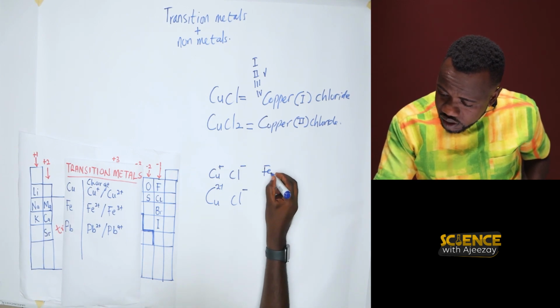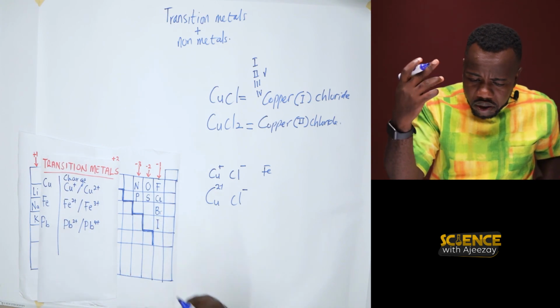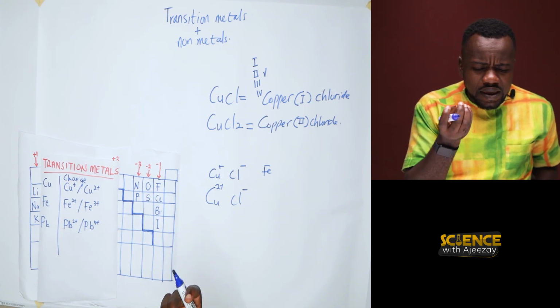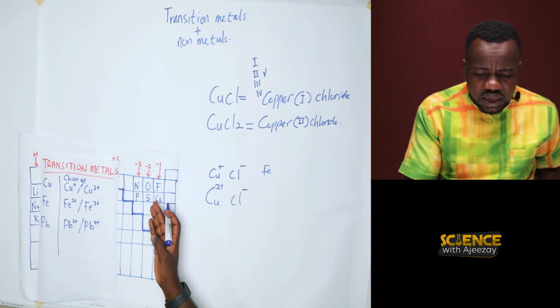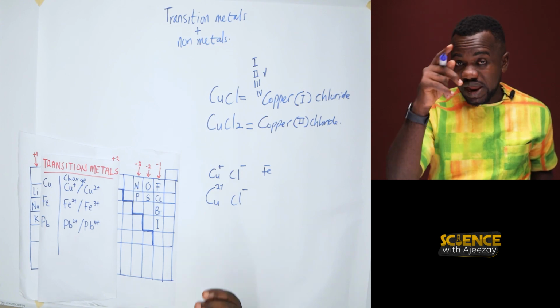Let's say iron, a metal, and then a non-metal like oxygen. Oxygen is in group 6, so 2-.